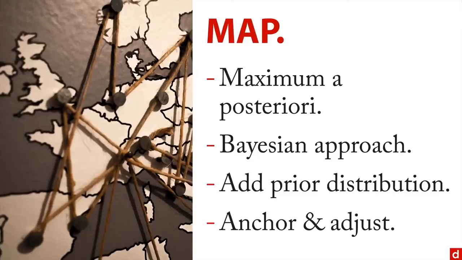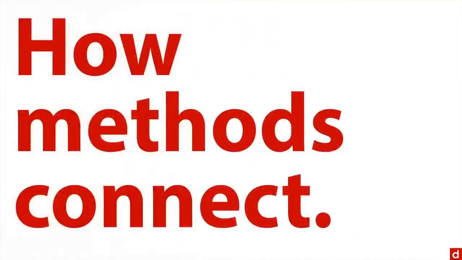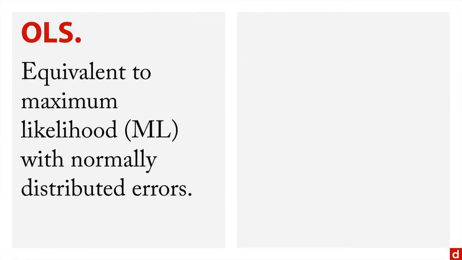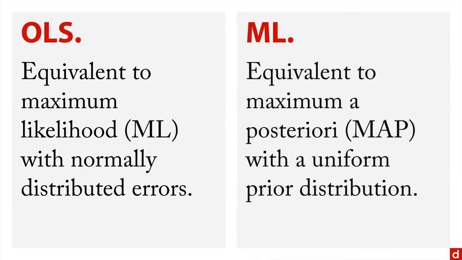Now, what's interesting is that these three methods all connect with each other. Let me show you exactly how they connect. The ordinary least squares, OLS, is equivalent to maximum likelihood when it has normally distributed error terms. And maximum likelihood, ML, is equivalent to maximum a posteriori, or MAP, with a uniform prior distribution.